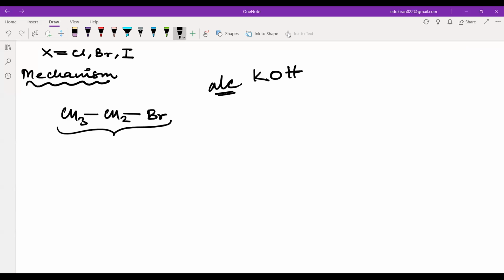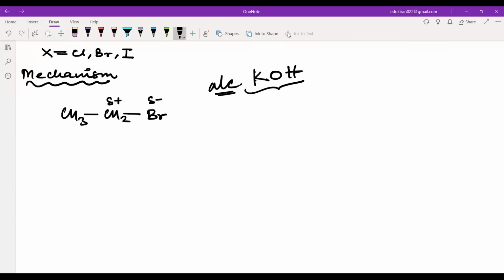This is an organic molecule, a bit of a polar molecule. That's the only thing you can see, that there is some dipole here, delta positive and delta negative. But you can comment a lot about KOH. You can say whether it is acidic or basic. So tell me, guys, is it acidic or basic? Basic. KOH is basic.